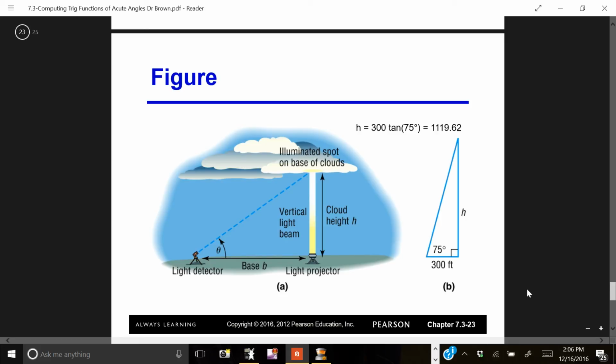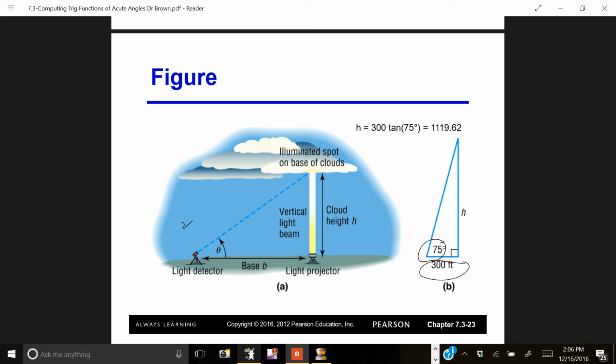Simple problem here. Suppose you saw some clouds and you had a transit, and you determined that the angle to the cloud is 75 degrees, and that you knew you were 300 feet away from a point below the clouds.